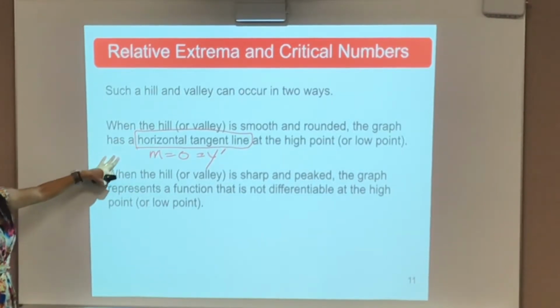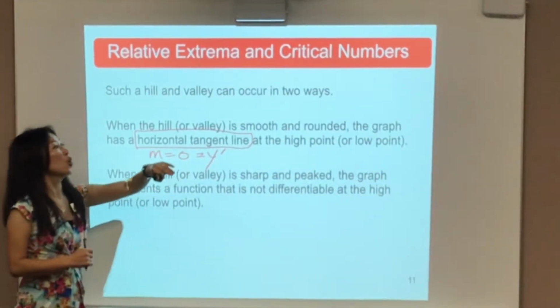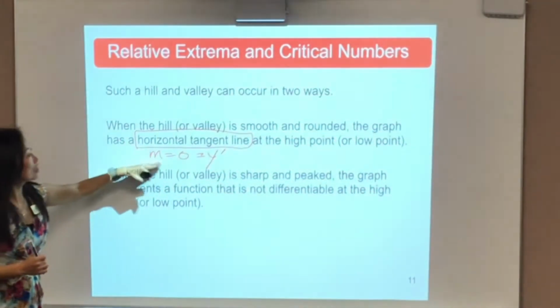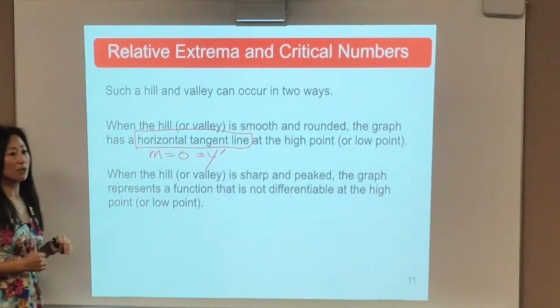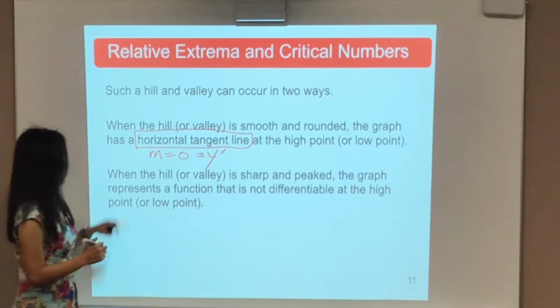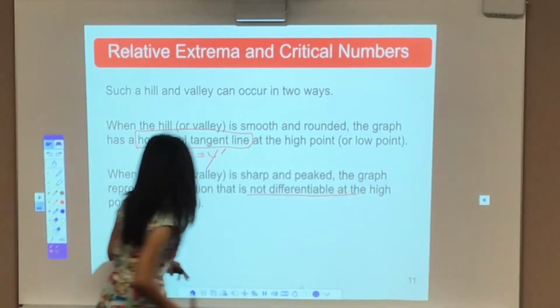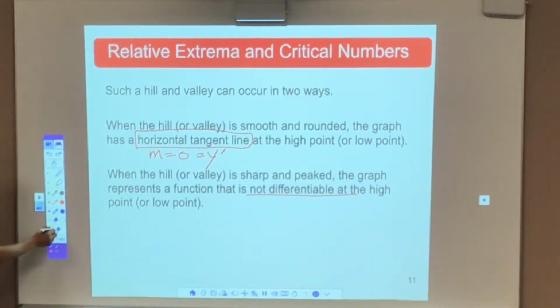So it says when the hill or valley is smooth and rounded, the graph has a horizontal tangent line, which is the same as slope equal to 0 or first derivative equal to 0. When the hill or valley is sharp and peaked, the graph represents a function that is not differentiable at the high point, which is fine. That case is also a critical point.